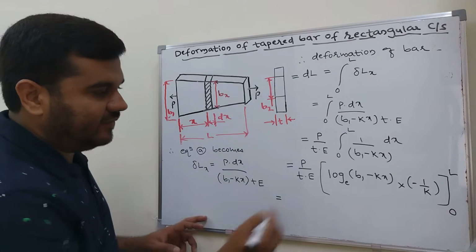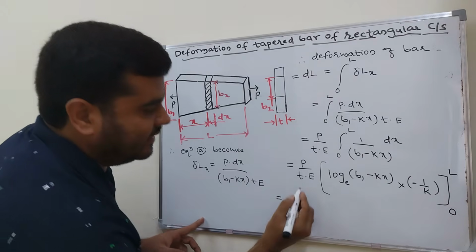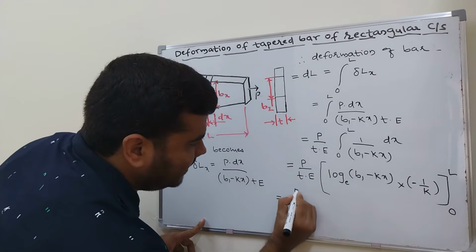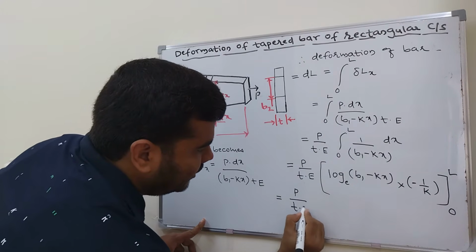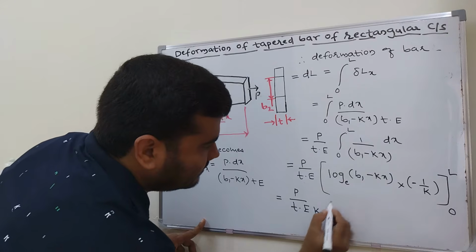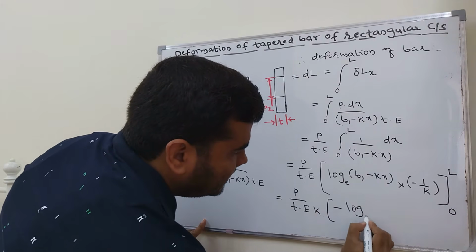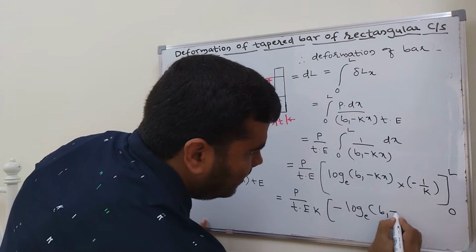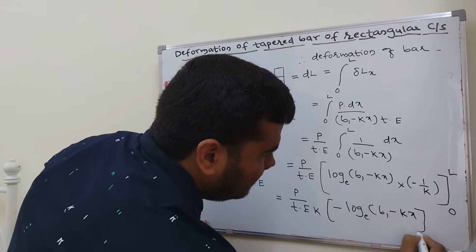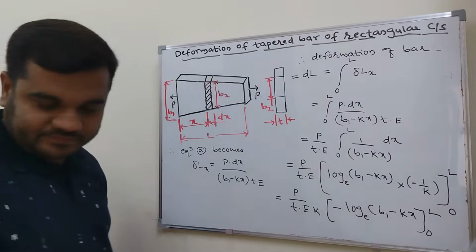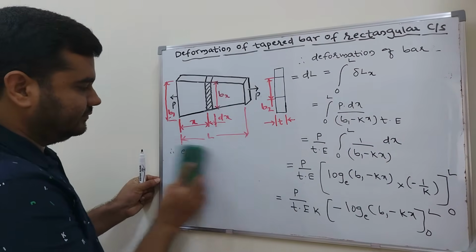Taking k outside, because k is constant, we get P divided by T into E into k, times minus log to the base e of (B1 minus kx), from 0 to L.